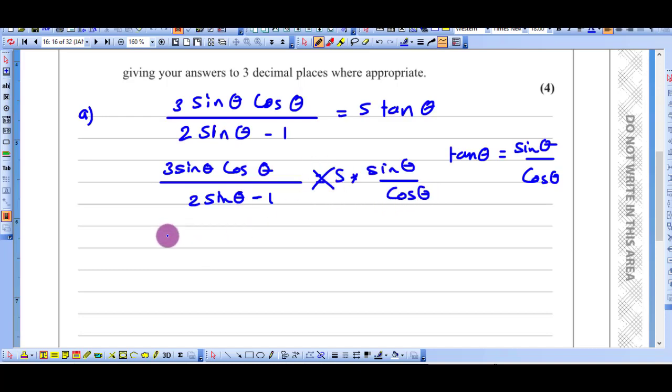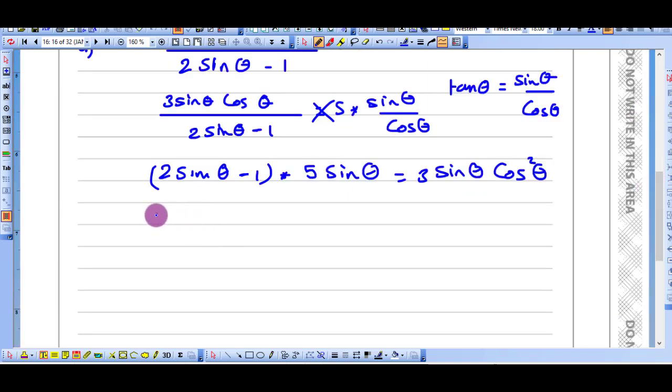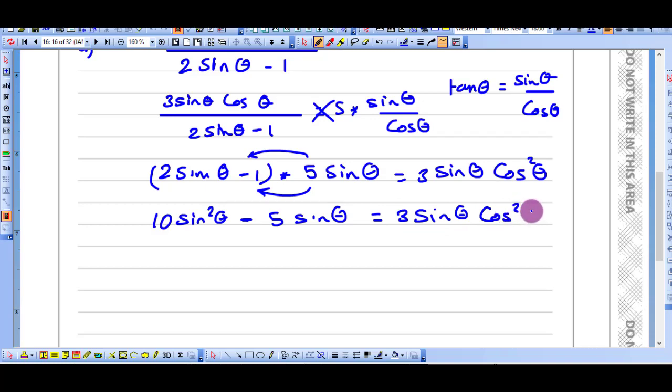Let me cross multiply, so I have 2 sine theta minus 1 multiplied by 5 sine theta is equal to 3 sine theta cosine squared theta, because here cosine is multiplied by cosine. So here we have 10. Let me now multiply this one by this one and this one by this one. 10 sine squared theta minus 5 sine theta is equal to 3 sine theta cosine squared theta.